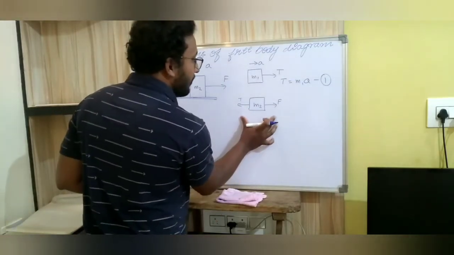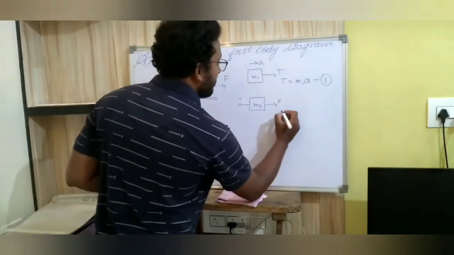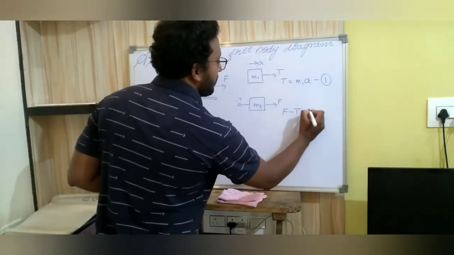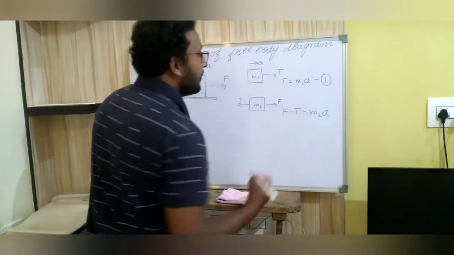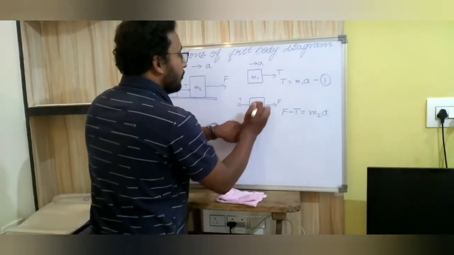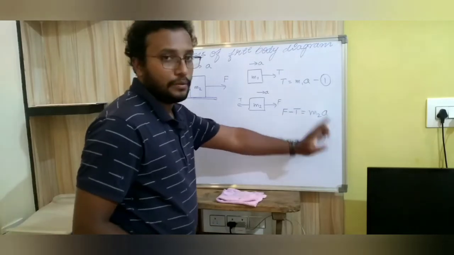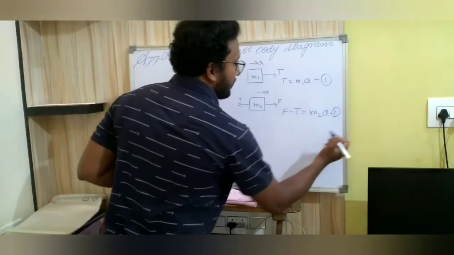So the dynamic equation for this system will be F minus T is equal to M2 into A, because this block is also accelerating in the same direction with the same magnitude. Let me call this equation number 2.